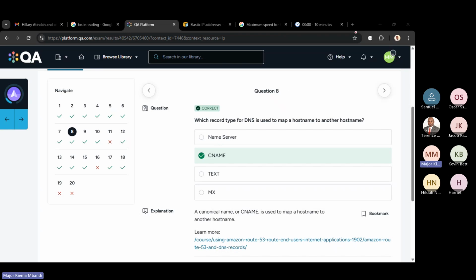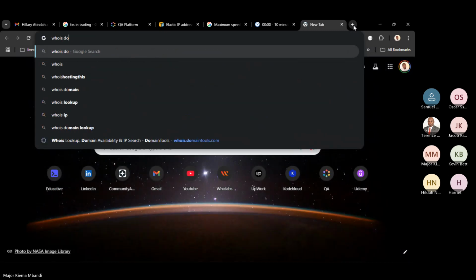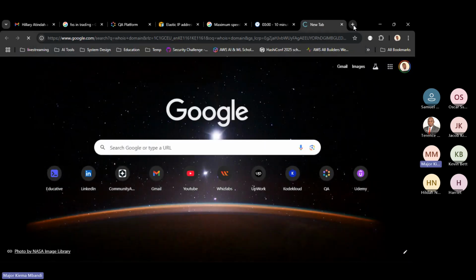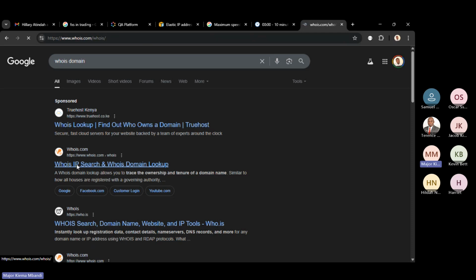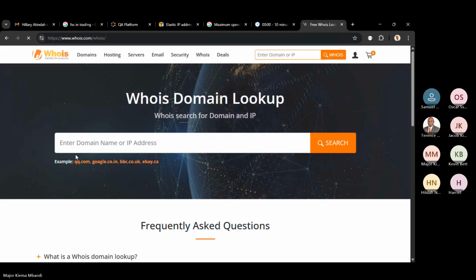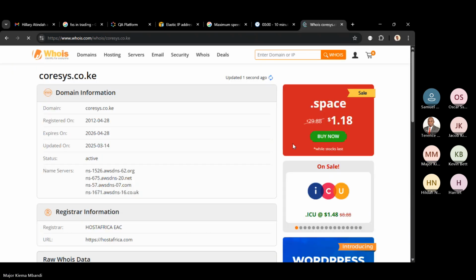If you go to a WHOIS lookup for a domain, let's open the domain.